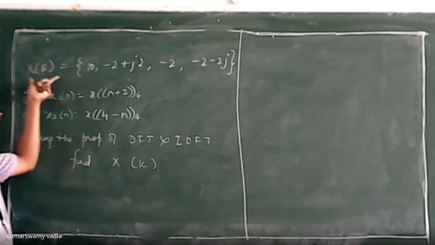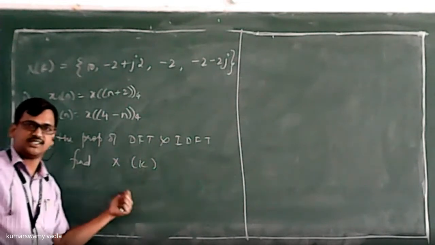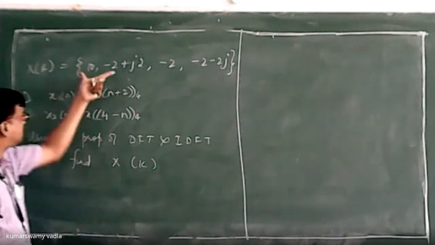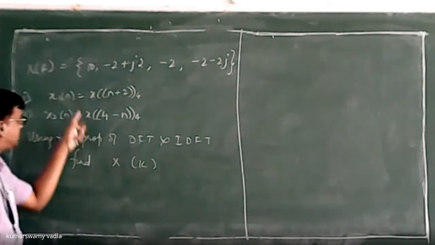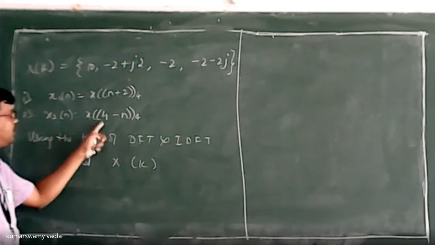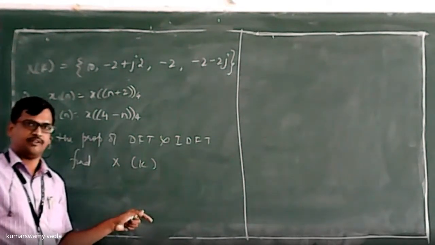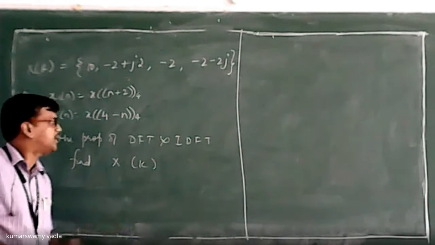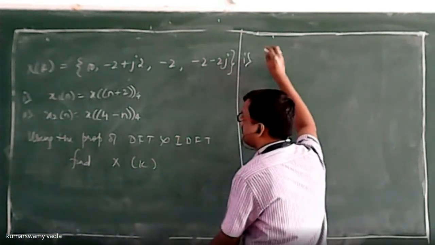Given this X of k, normally they will ask x of n. But in this numerical, they have given X of k and are asking you X of k only. How? With this as your x of n term, find its X of k. Let us solve the first part of the numerical.